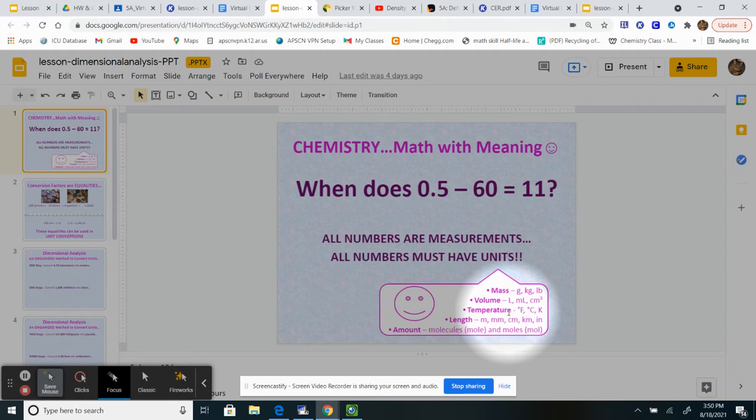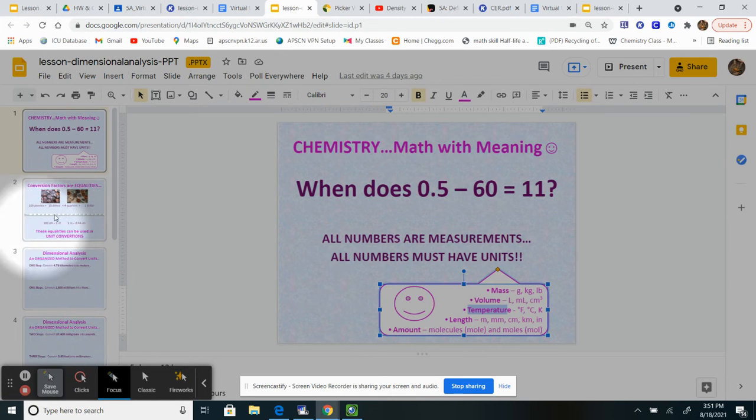You have temperature, which is generally measured in Fahrenheit or Celsius. Later this year, we'll learn about Kelvin. There's also length, centimeters, kilometers, inches, meters. Anything in that regard is going to be a unit of measurement.